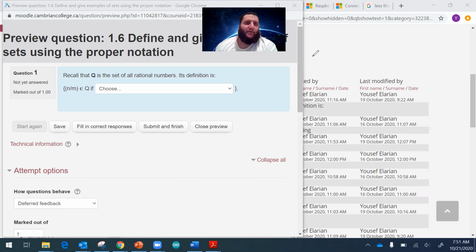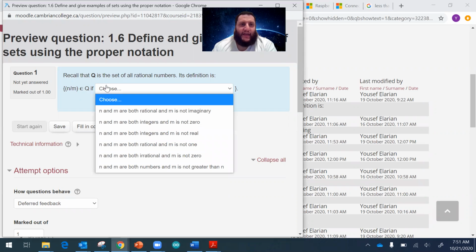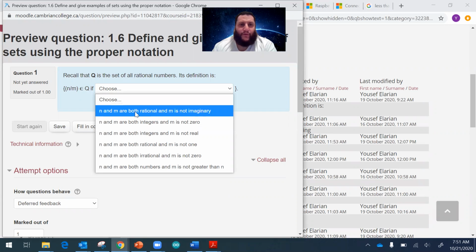So recall that Q is the set of all rational numbers. Now, its definition would be any number N over any number M belongs to Q if N and M are both rational and M is not imaginary.